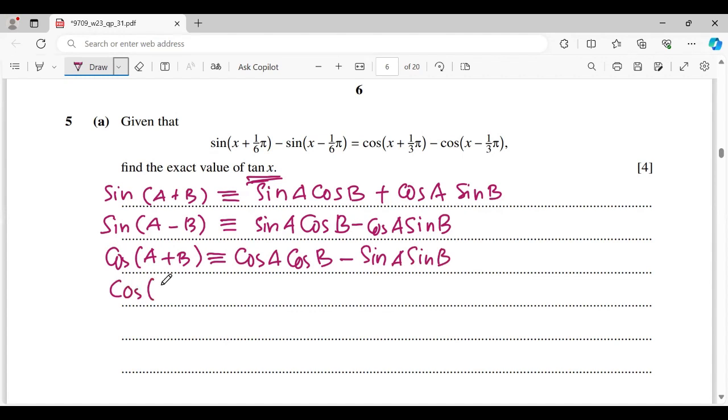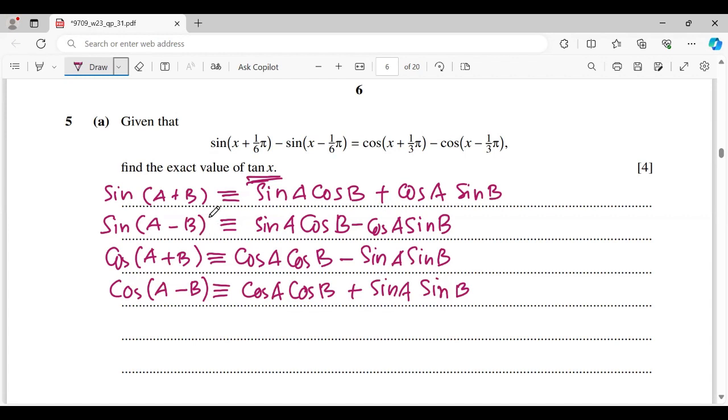And cosine of a minus b is equivalent to cosine a cosine b plus sine a sine b. Okay.